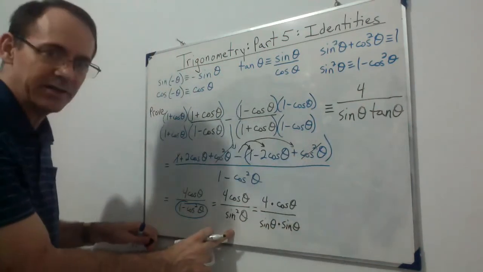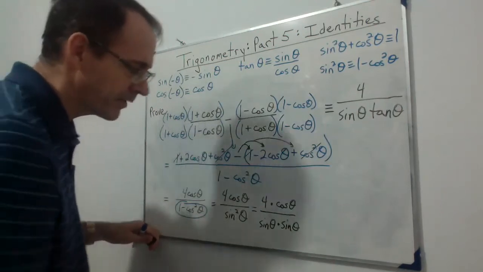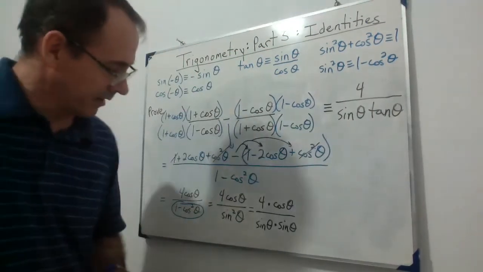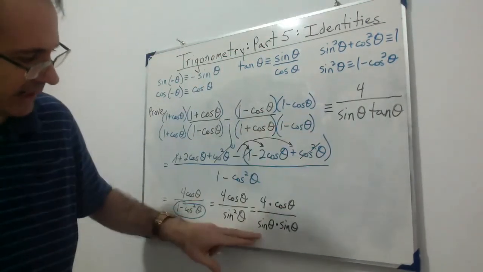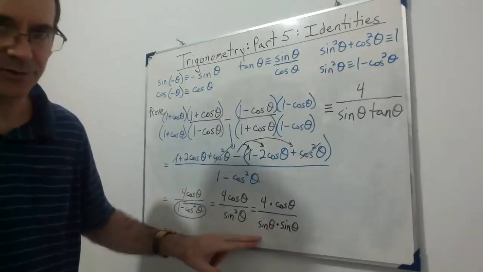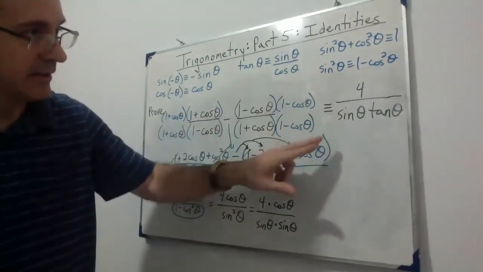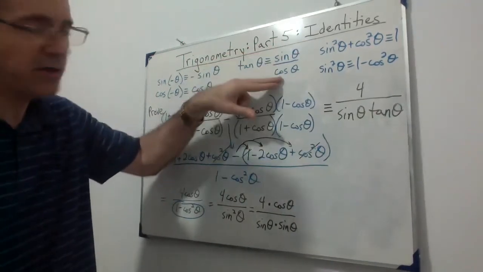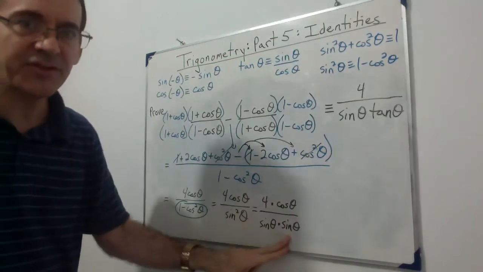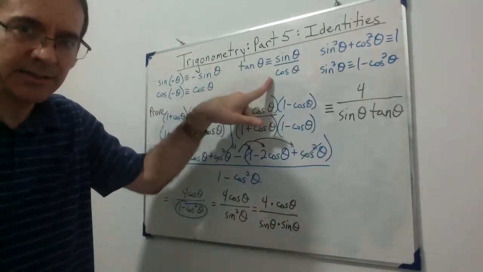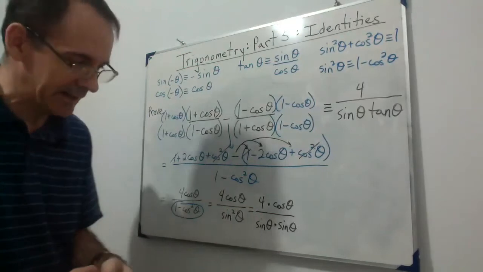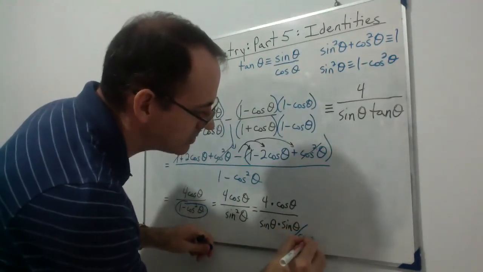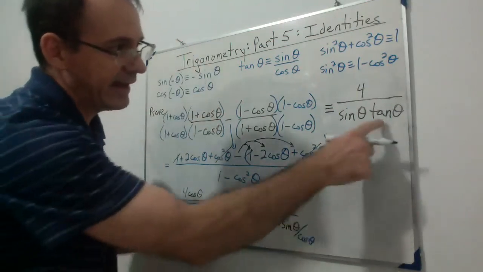So sine squared is just sine times sine, right? Notice that we now see the sine and we see the 4. We want to keep those because they're right here. Somehow we got to get a tangent. Now, tangent is sine over cosine. Well, we have the sine, we need the cosine. So we're going to introduce that in. We're going to divide the bottom by cosine so that we can get that tangent.